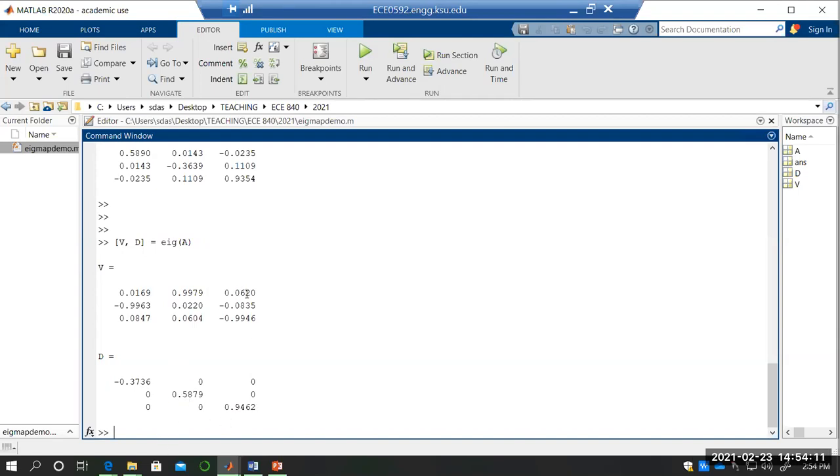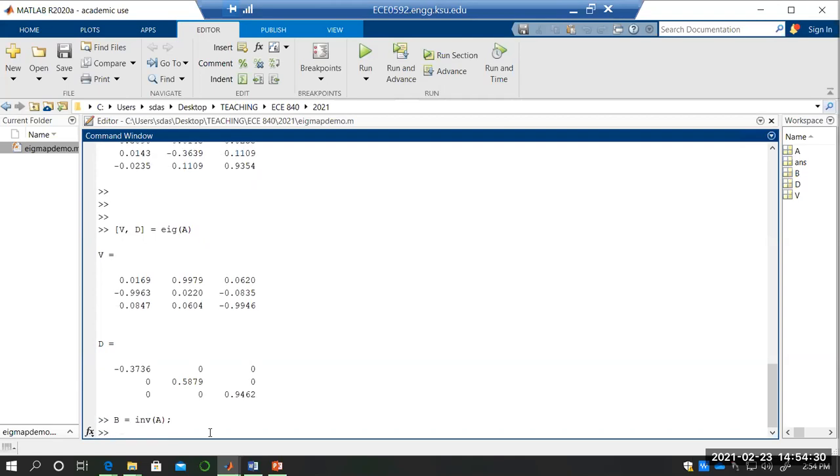And likewise, the third column in V is the third eigenvector, and the eigenvalue is this 0.9462. Now let's say B equals inverse of A. So now let's do the eigenvalues and eigenvectors of this.